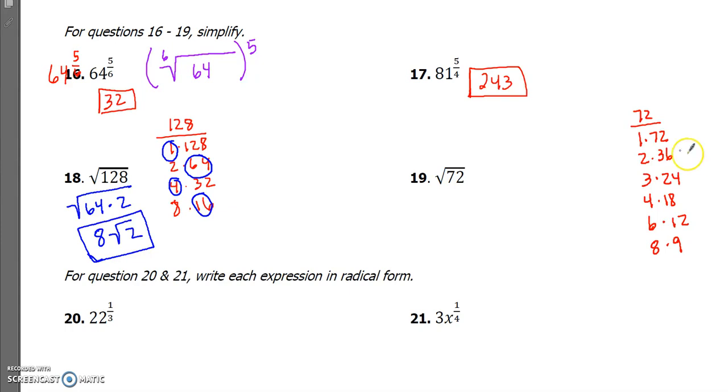Okay, so let's try. 1 definitely is a perfect square. 4 is a perfect square. 9 is a perfect square. 36 is a perfect square. So I believe we're going to go with the highest, which is 36. So I'm going to rewrite this as a multiplication problem. 36 times 2. The square root of 36 is 6. 2 stays under the radical. And there's my answer.